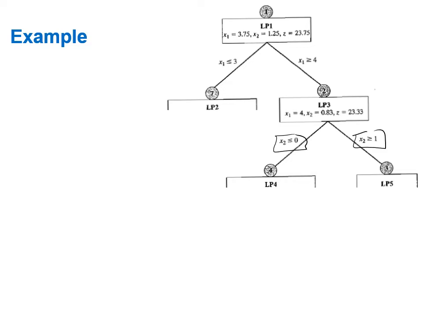Now look at this. At this step, I haven't solved this problem yet, and I haven't solved this problem yet. The problems that we haven't solved are called open branches. So these branches are still open. I haven't solved them, I haven't branched them, or I haven't terminated them.